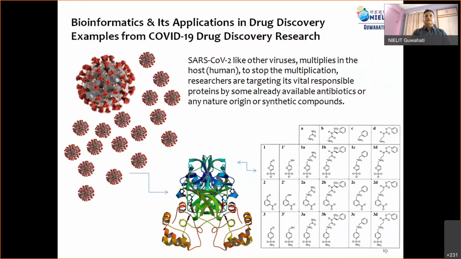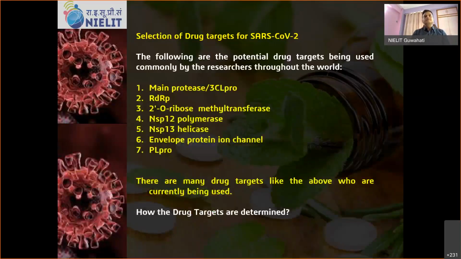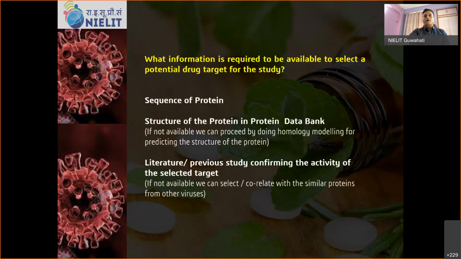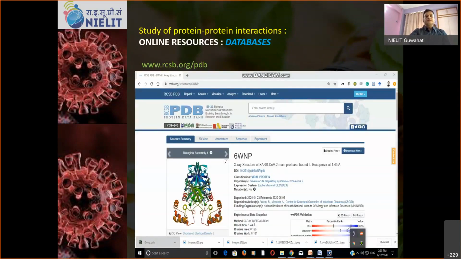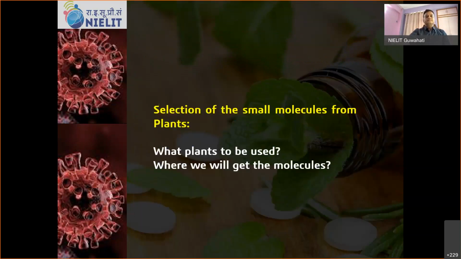This is again one example of bioinformatics and its application in drug discovery. Already I have mentioned some of the targets we have used. The Protein Data Bank, similar to what we did for Alzheimer's disease.